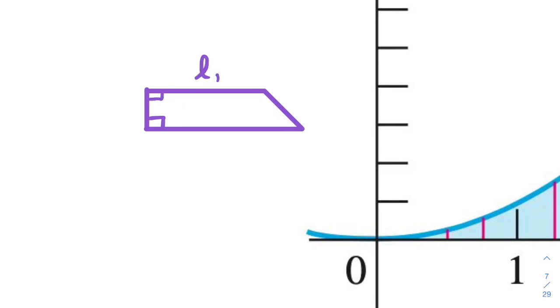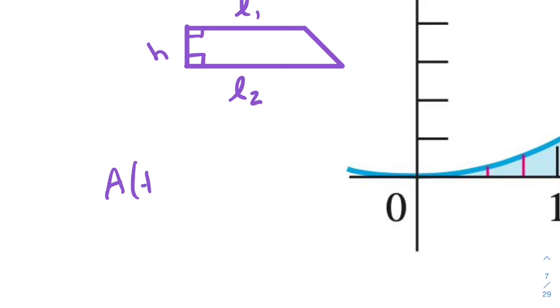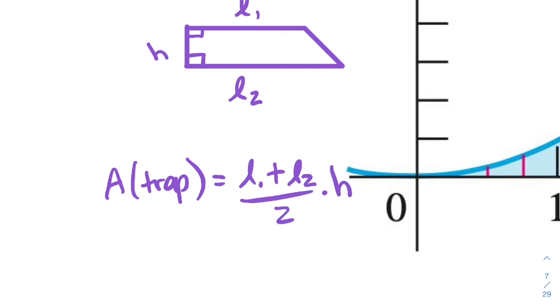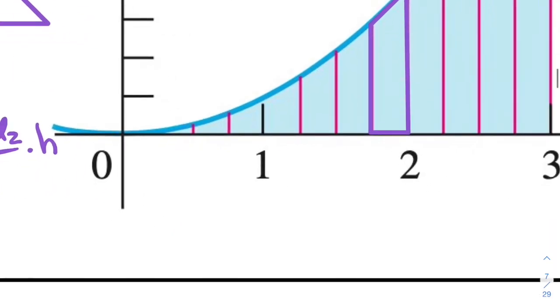So the trapezoid rule would say, these are right angles, okay? The trapezoid would say, here's your L1, here's your L2, here's your height, and the area of a trapezoid is L1 plus L2 over 2 times your height. Notice your height really is your interval down here, okay?